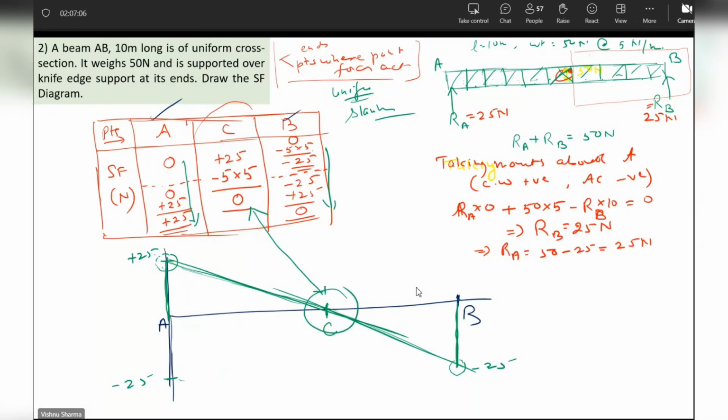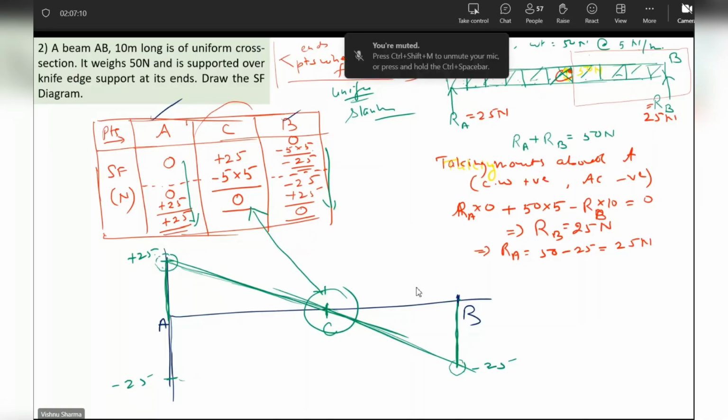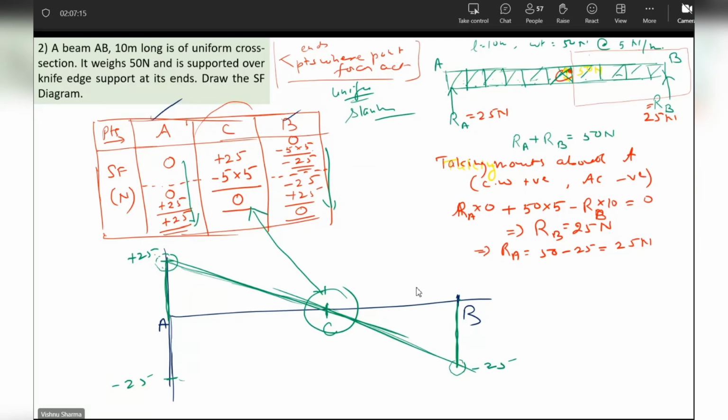This diagram has been drawn without using C. So if I was in doubt, I picked up C, never mind. If I was not in doubt, I could have left it. My things will not change. Guys, have you understood the shearing force diagram, why it has been made a straight line? That's important to understand because you're drawing with minimum points.